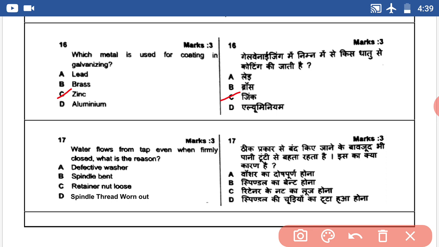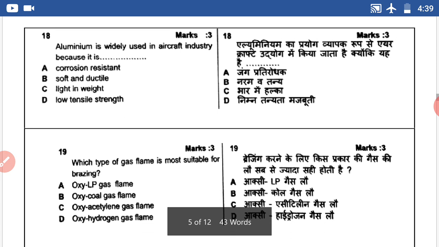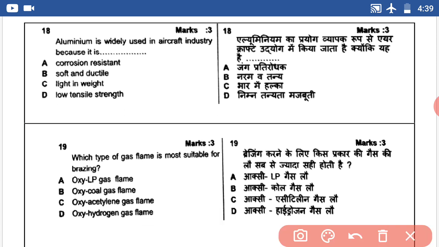Answer A. Question number 18. Aluminium is widely used in aircraft industry because it is dash. This question's answer: light in weight. Answer C.